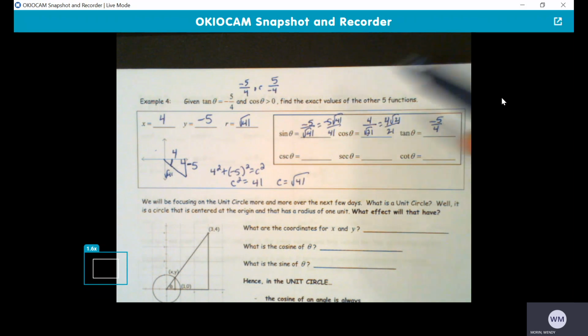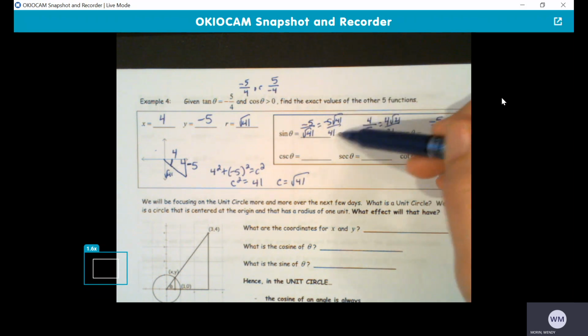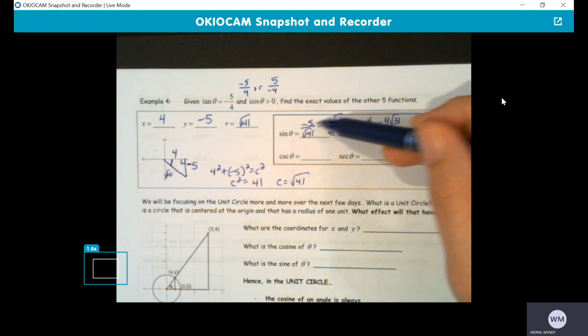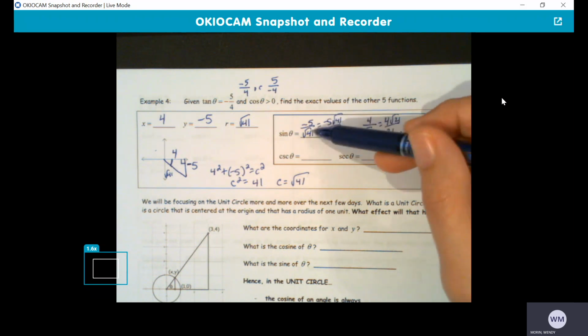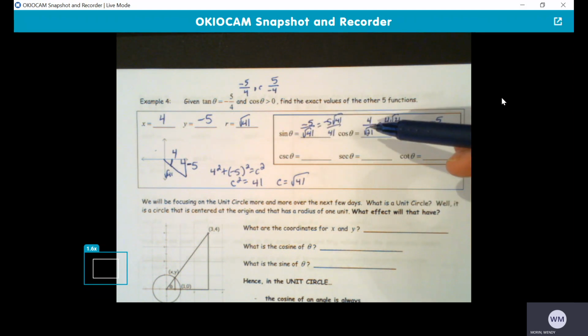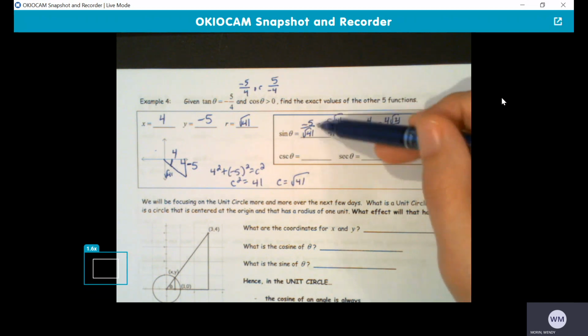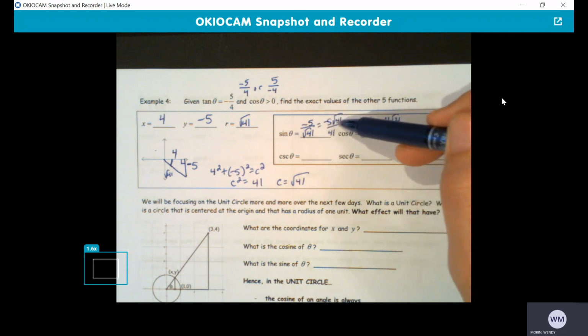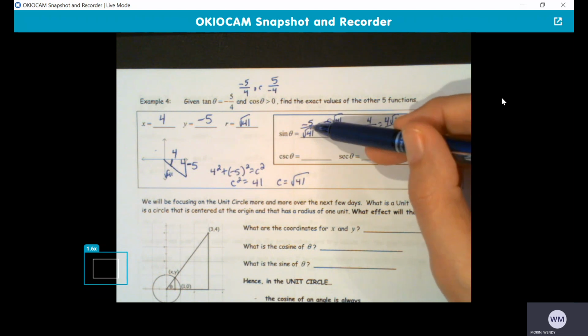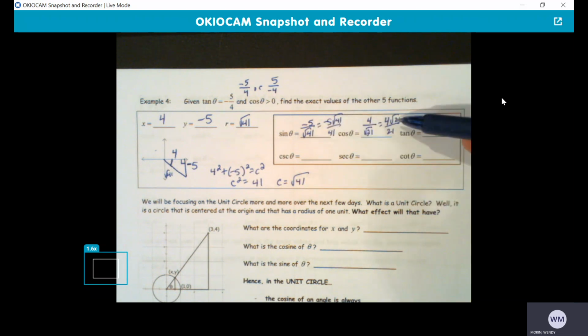And then the reciprocals. So do not flip over the rationalized answer. These two are one and the same. They're the same number. Type it in your calculator, you'll get the same number. This is just rationalized. So I'm going to take the unrationalized. You should be able to know that this came from this, even if I didn't tell you. You should be able to unrationalize in your head. If I gave you 4 square roots of 41 over 41, you should know that that came from 4 divided by the square root of 41.